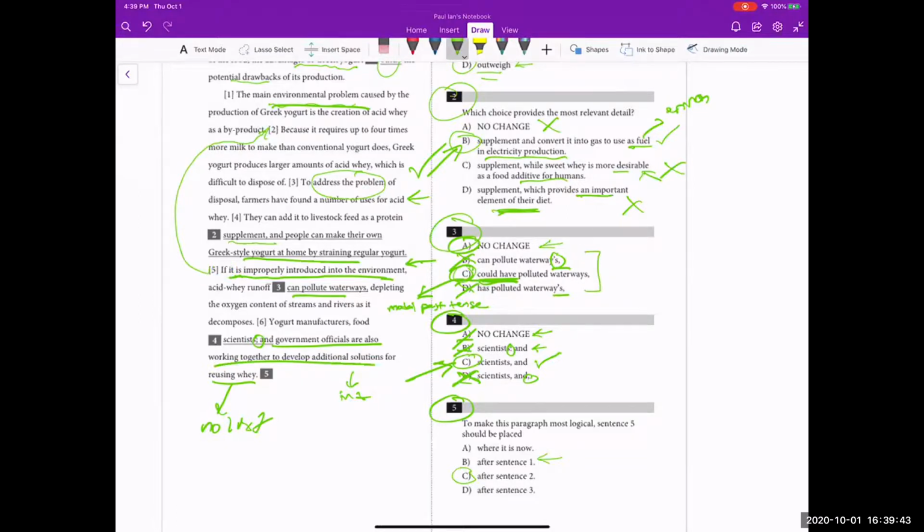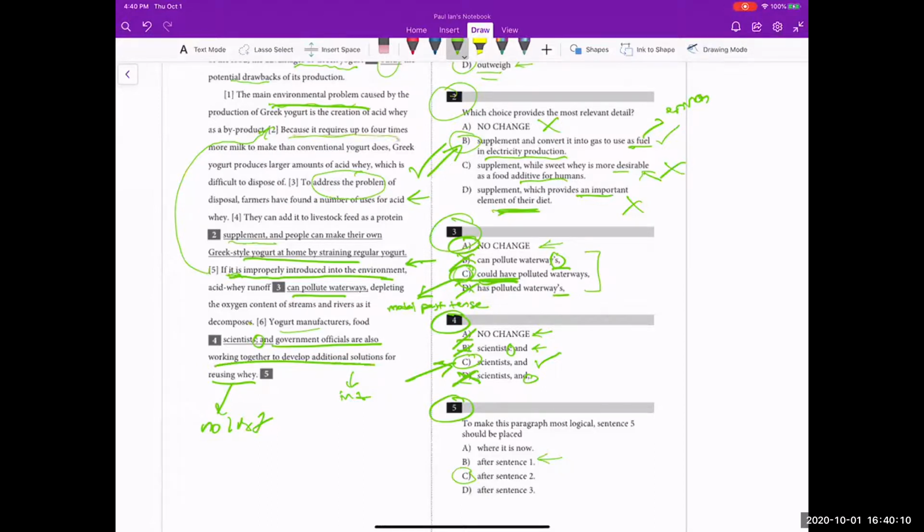If it's improperly introduced, the acid can pollute. If you put it over here, you haven't really explained what this is. So it's more like it's giving you this, right? If it's the streams as this decomposes.